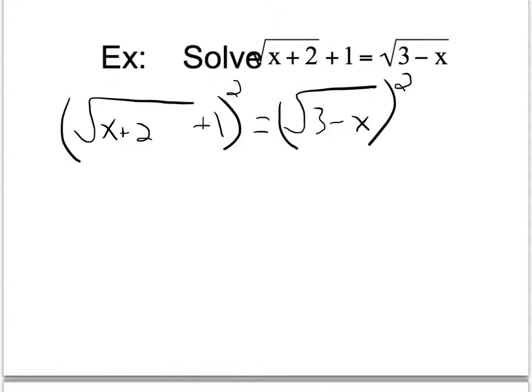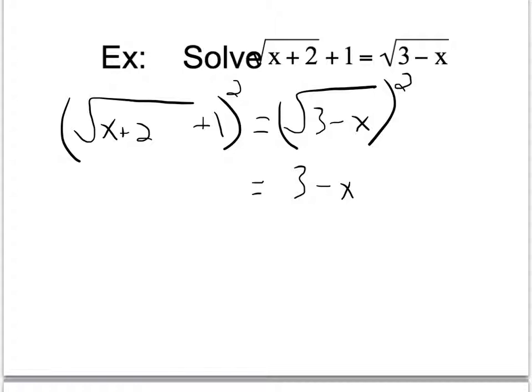Once I square both sides, the one on the right, since there's only one term in it, equals 3 minus x. So that's good. And over here, we're squaring the whole unit.